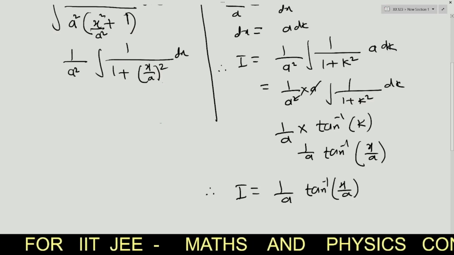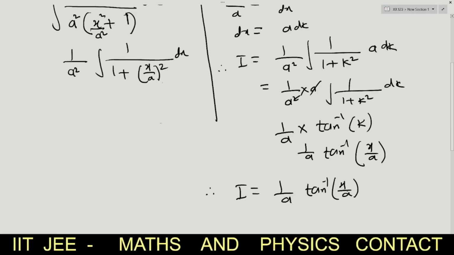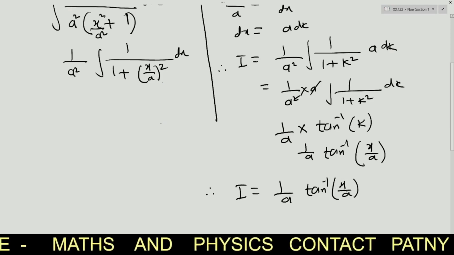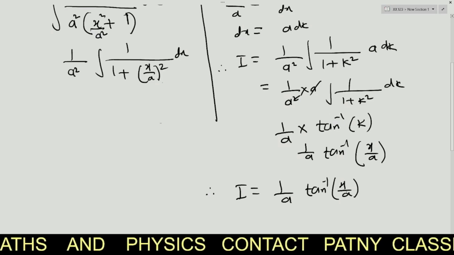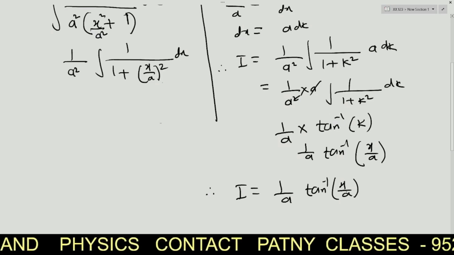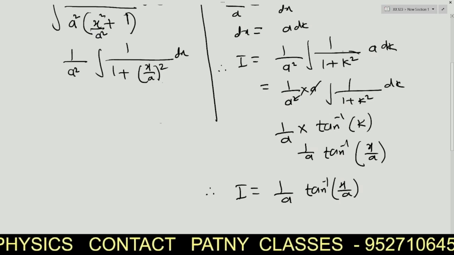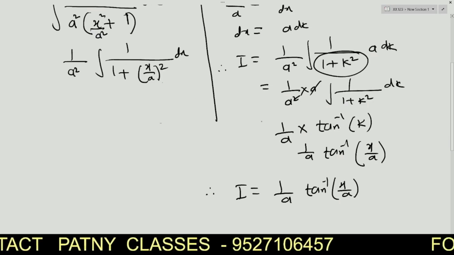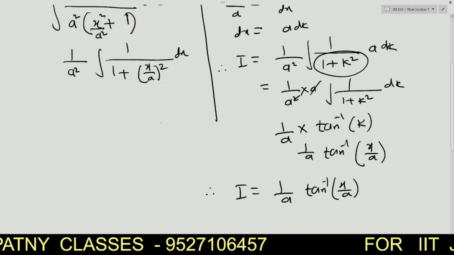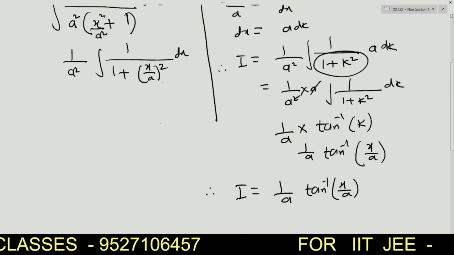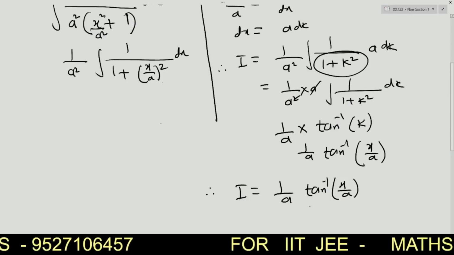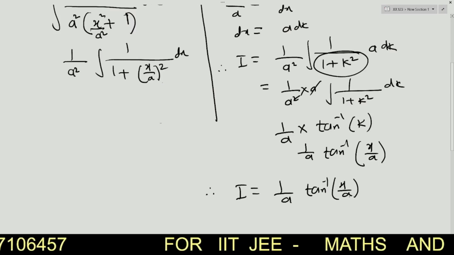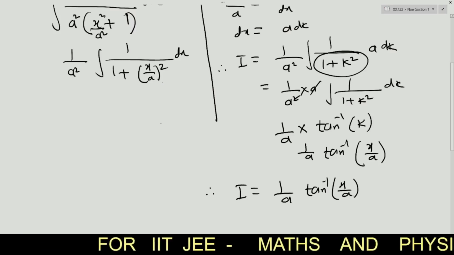In this way we can remember the formula without memorizing. Even if we forget the formula, immediately from this idea we can recover it. Since x upon a equals k, our brain automatically remembers that dx equals a dk. So orally this can be developed without memorizing the formula.